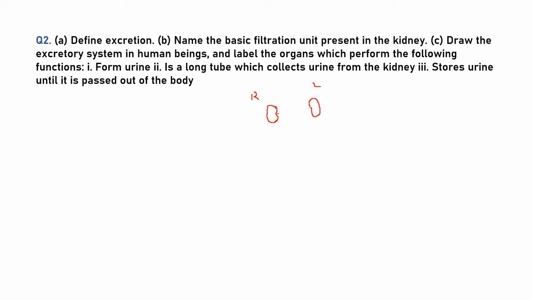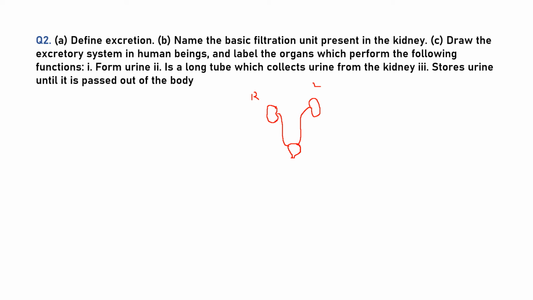And from the kidney comes out the ureter, which collects urine from both kidneys, and then this urine is stored in the urinary bladder for some time until you feel the urge to urinate, and then it comes out through the urethra. Okay, so this is all.